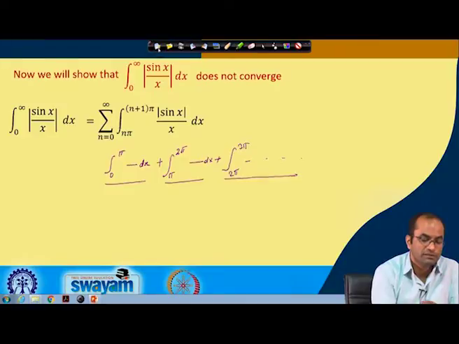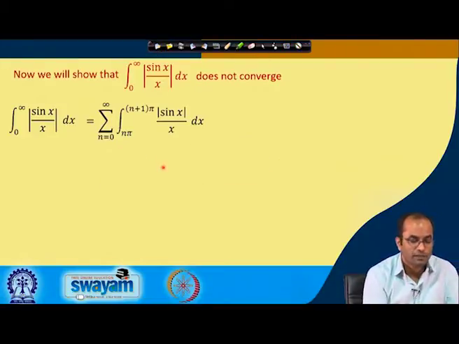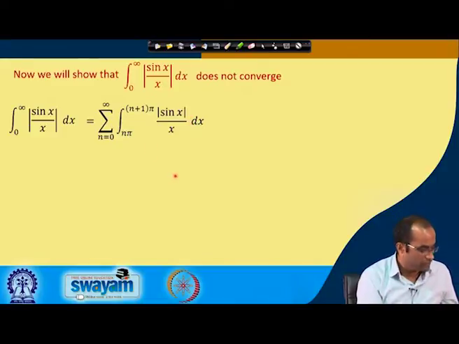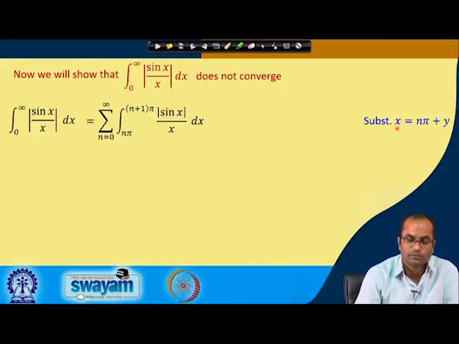This is the integral, and now we will make a substitution: x is equal to n pi plus y.